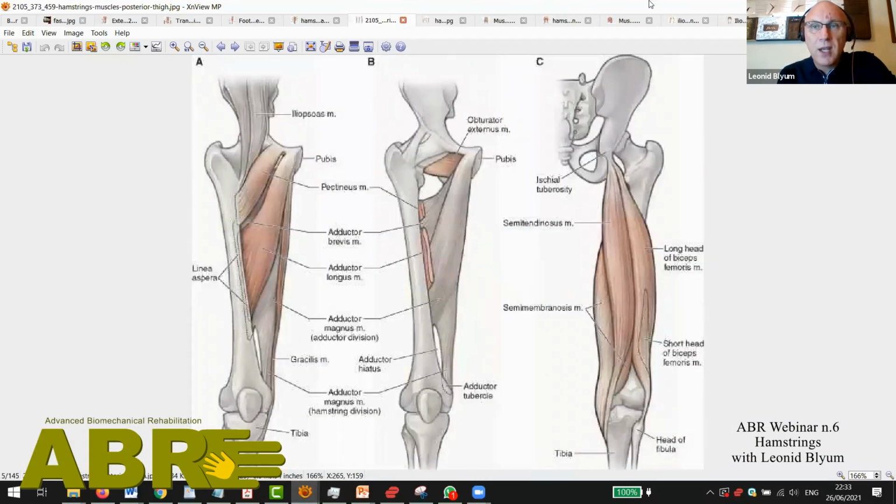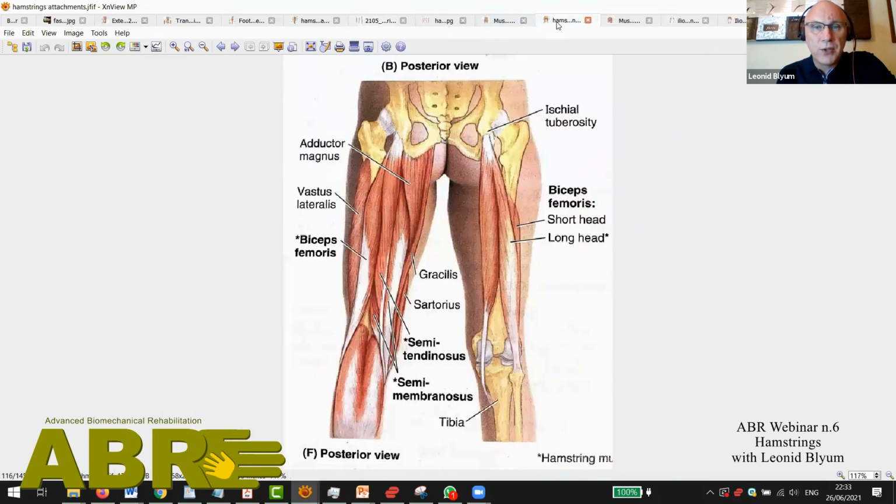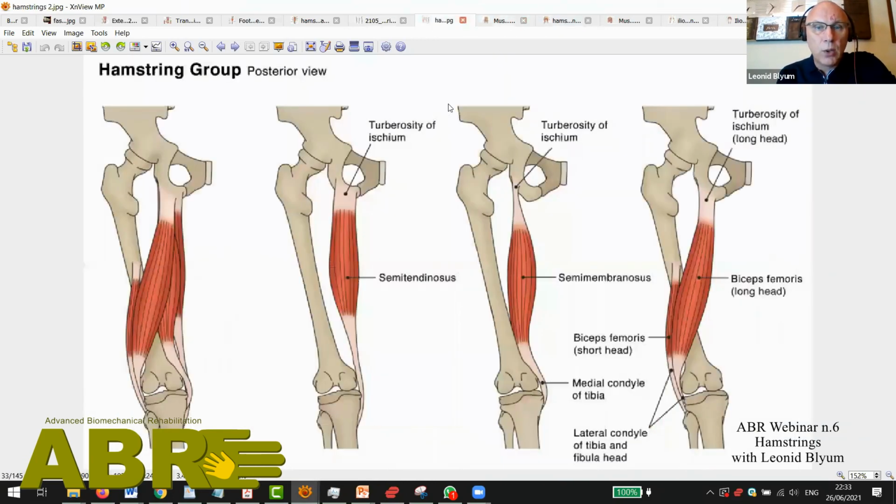So you see those names, semi-membranosis, right? Semi-tendinosis, and semi-membranosis. Those are compositions which are close. With semi-membranosis, it's a half membrane in that sense, right? Semi-tendinosis, it's dense to the point of being half tendon-like. So that's what we have to keep in mind when we look at those areas.